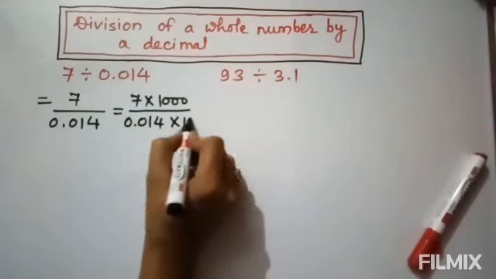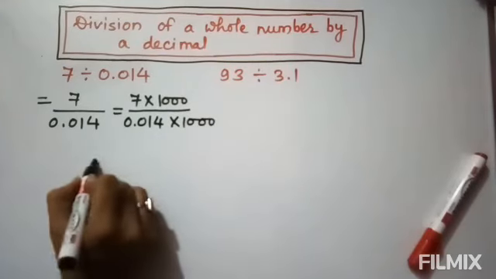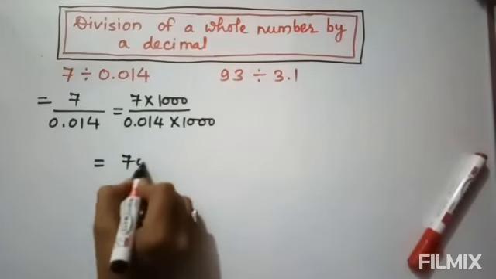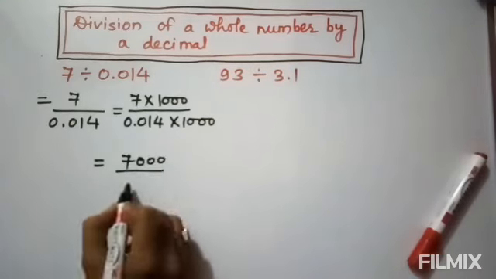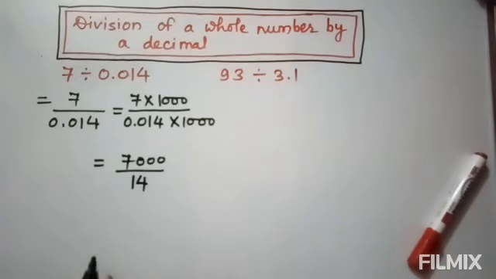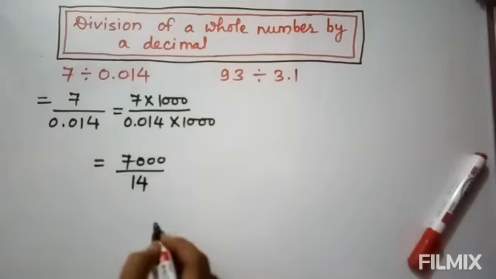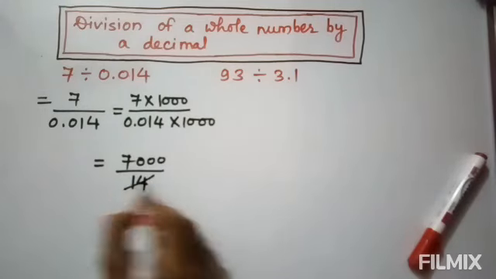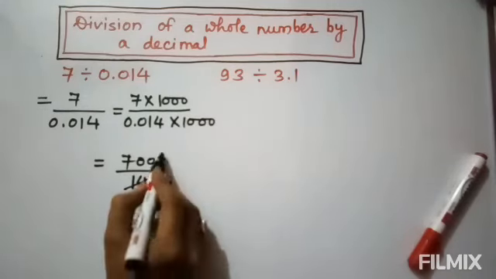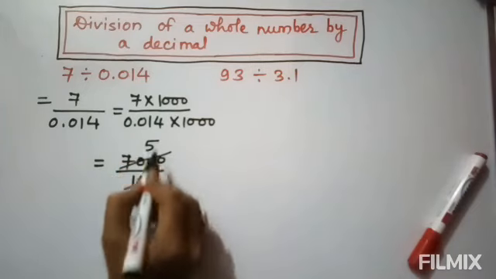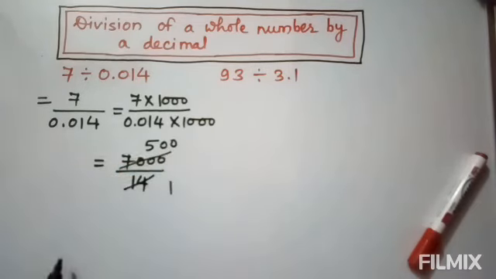After multiplication we get the new dividend, 7000, and the new divisor, 14. If you are able to divide, you can divide directly. 14 1 ja 14, 14 5 ja 70, and 0 0 in the quotient.